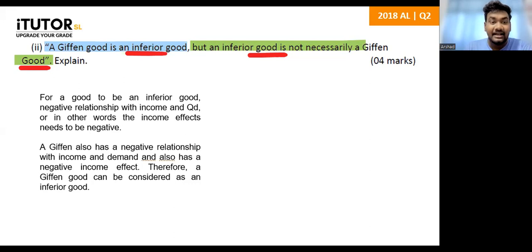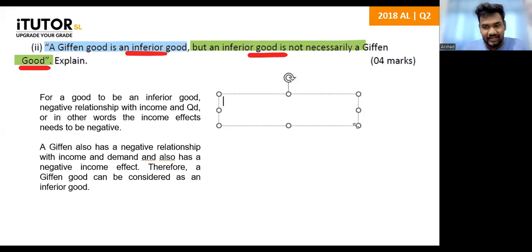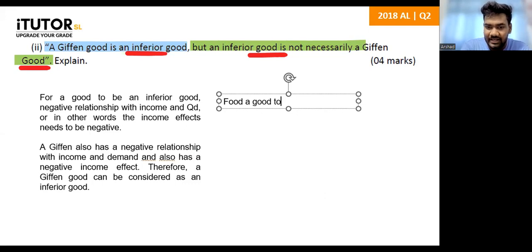Okay, right. Now, can you tell me, guys, for the second part, for a good to become a Giffen good, what is the main condition? What should be there? What's the main thing?